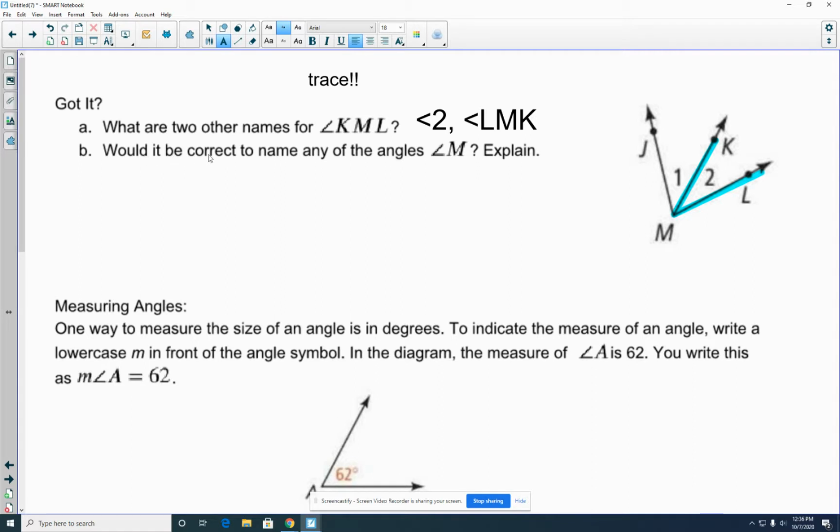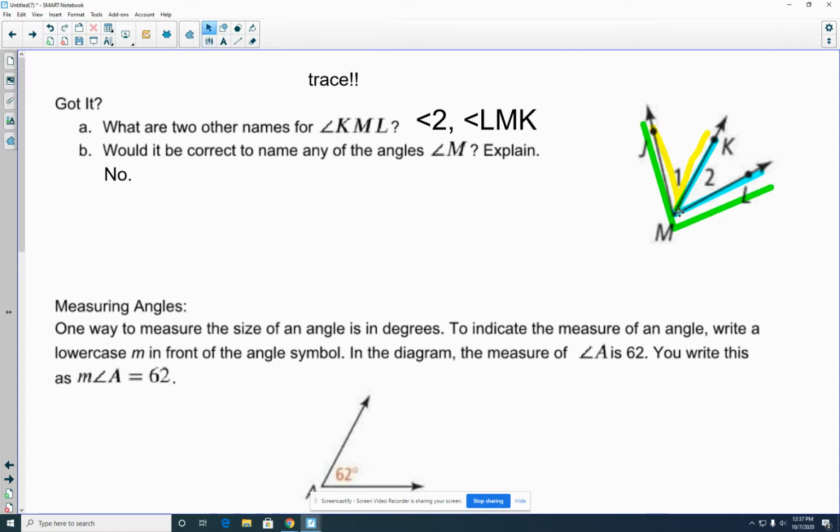Now, would it be correct to name any of the angles angle M and explain? So let's just start with this. No. We can't call any of these angles angle M. And here's the reason. If I said, oh, hey, look at this diagram, see angle M? You might say, what do you mean? Because if I said angle M, you might be thinking this angle in blue, this angle in yellow, or you may even be thinking this whole angle in green.